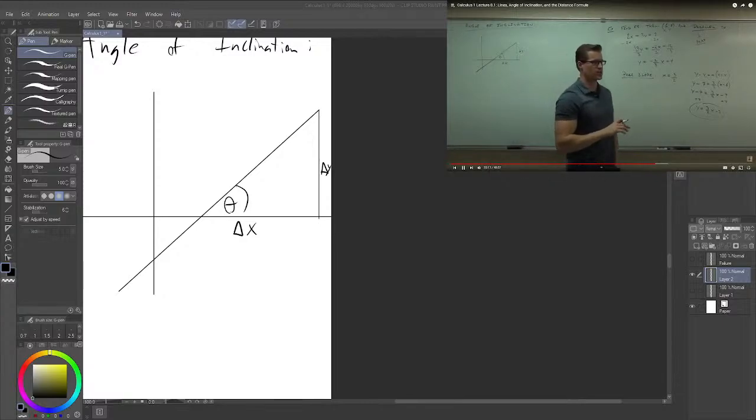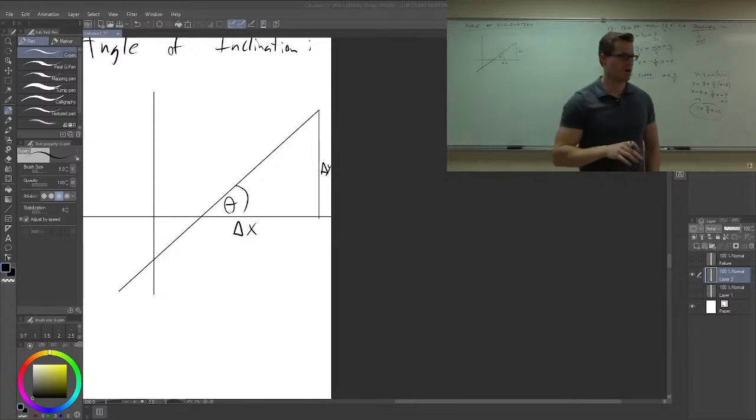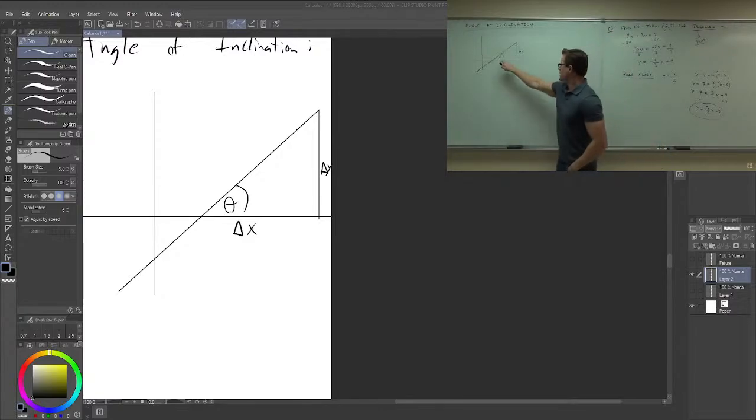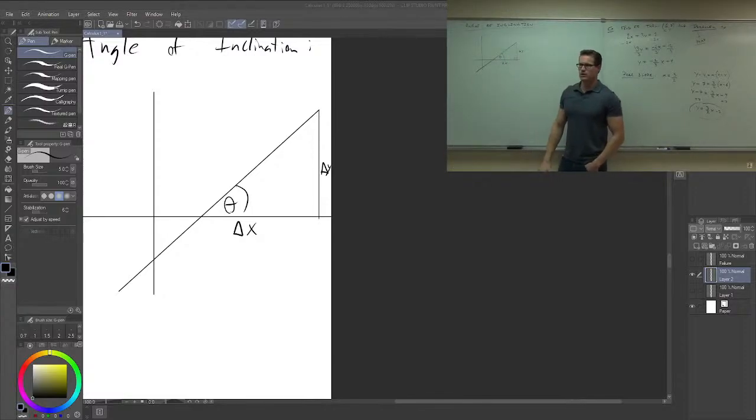Now think back to your trig days. This is just basic trigonometry. Is there a trig function that relates this angle? Remember, this would be a 90 degree angle. If this is a triangle, which it is, what's this side called?